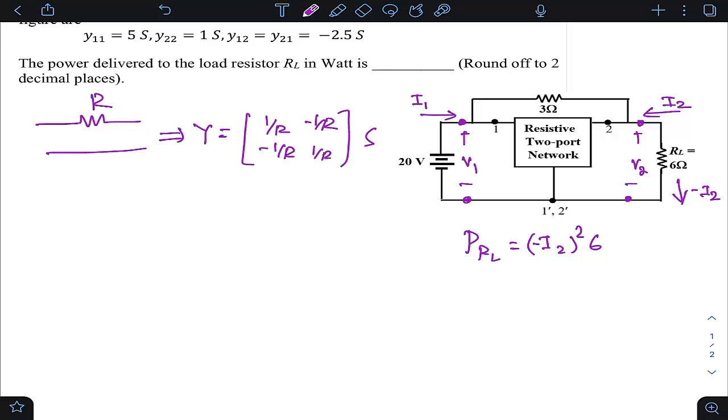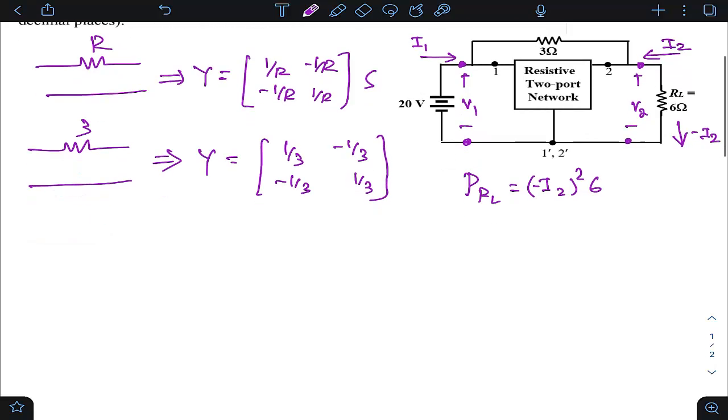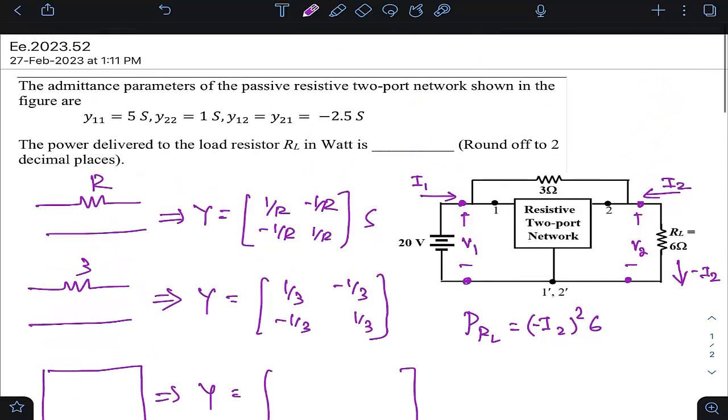So here I have a 3 ohm resistor. This is one two-port network. Its Y matrix will be 1 by 3, minus 1 by 3, minus 1 by 3, and 1 by 3. And I have one more two-port network, which is in the box format. And if you see, its Y matrix is specified in the question.